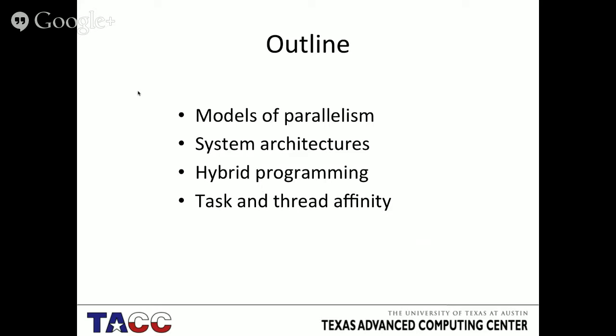And then I'm going to talk about task and thread affinity, because these are going to be critical concepts for running hybrid codes. There are only a couple of key ideas that I want to get across in this class, because I could really be talking for a couple of days about hybrid computing. So I will try to make sure that you get those two. And if you think I'm going too fast or too slow, just stop me anytime during the talk.